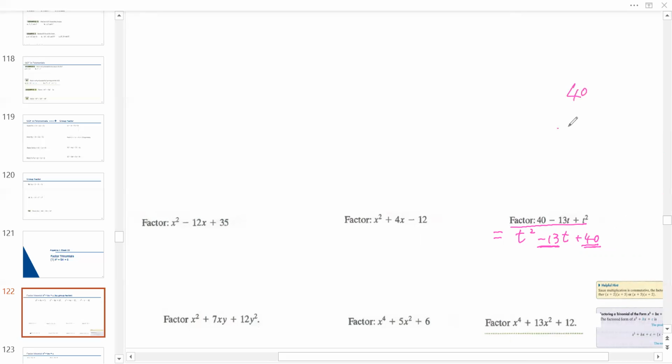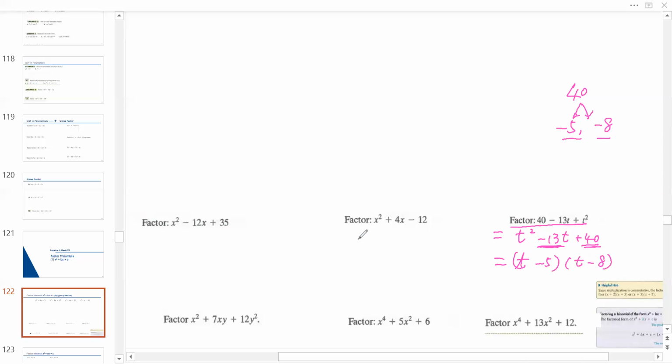-8 and -5. Yep, exactly. Very quickly. So you can see this one goes to -5, -8. Double check it. So t squared, right? -8t, -5t, and plus 40. So -8 plus -5, so -13 here, right? Let's make it much easier.